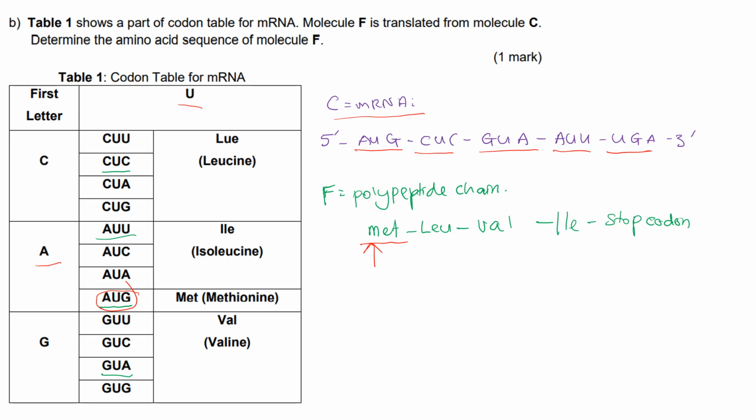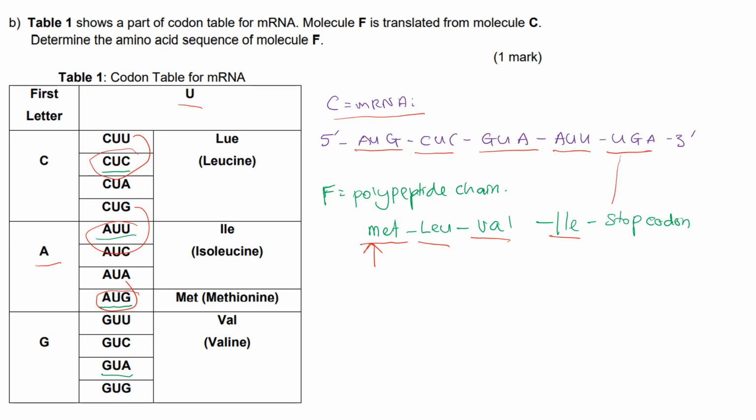The second codon reads CUC. CUC is leucine. The third codon is GUA. GUA is valine. The next codon is AUU. AUU is isoleucine. And then the last codon is UGA.